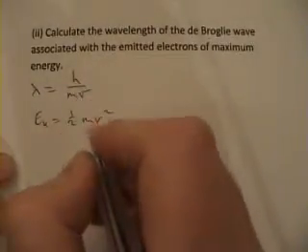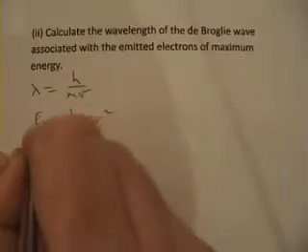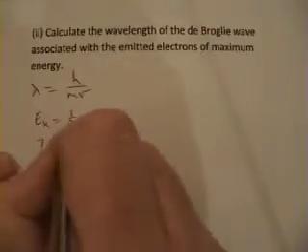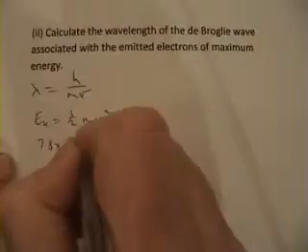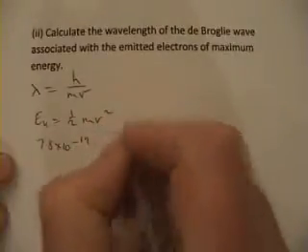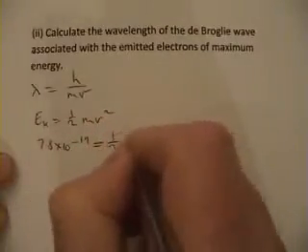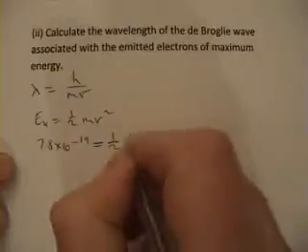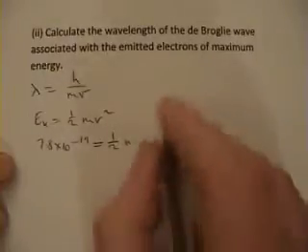So kinetic energy is 7.8 times 10 to the minus 19. That's equal to a half mv squared.